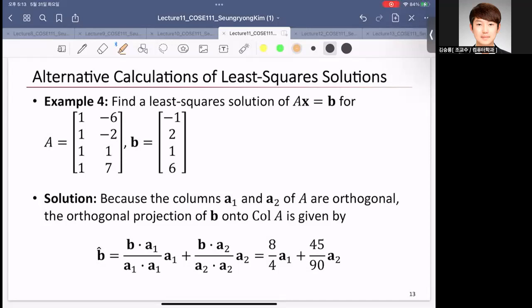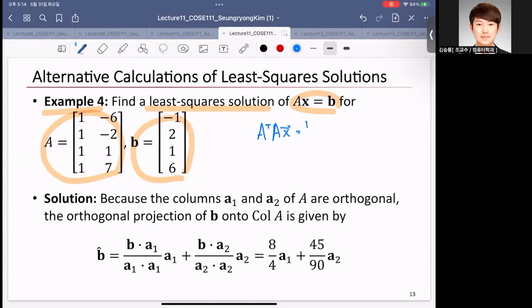Okay, so this is the example. Find the least square solution of Ax equals b, where A equals like this, b equals like this. So to solve this least square solution, maybe you can use this normal equation, similar to the previous example.